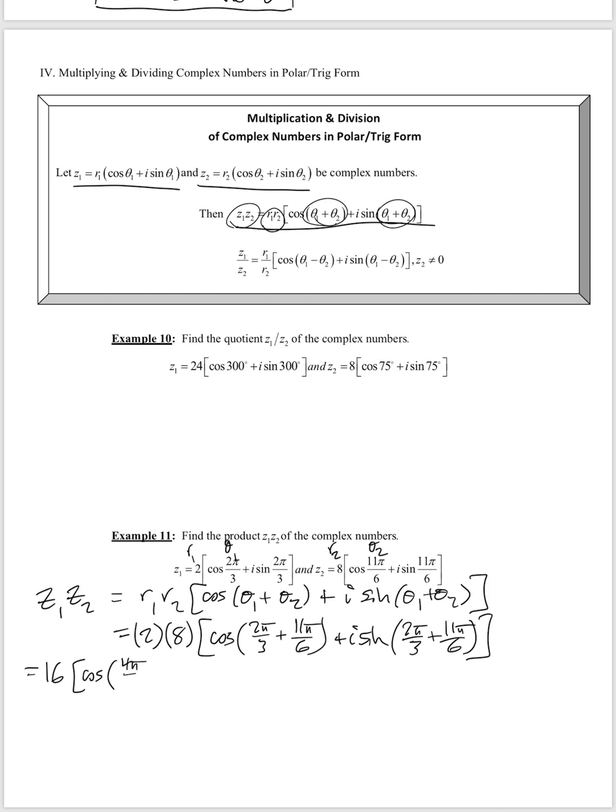So 4 pi over 6, what's 2 pi over 3, plus 11 pi over 6. And 4 pi over 6 plus 11 pi over 6 is 15 pi over 6.